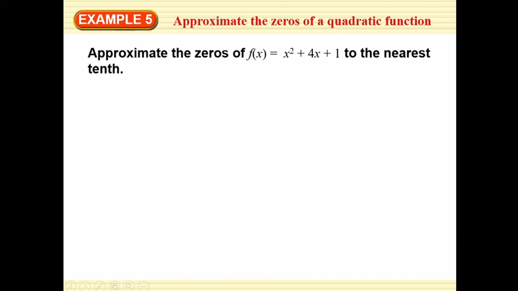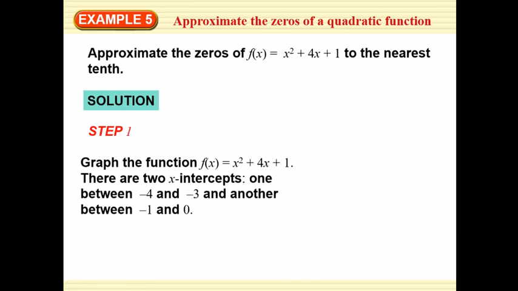Alright, so we're going to be messing with decimals, and we're going to want to round this one to the tenth. So I graph my quadratic function, I graph my parabola, x squared plus 4x plus 1, and there are going to be two x-intercepts. One, you can see, is approximately between -4 and -3, and another's between -1 and 0.